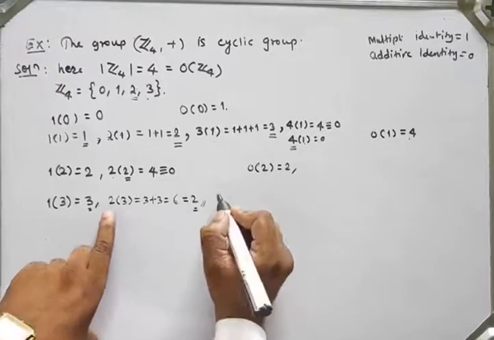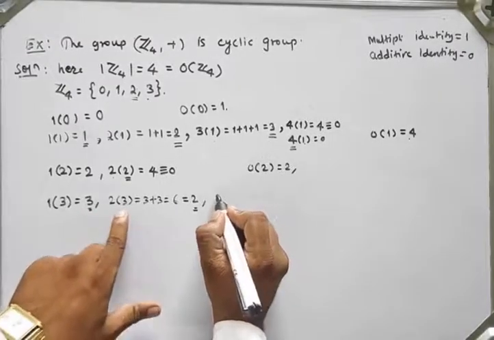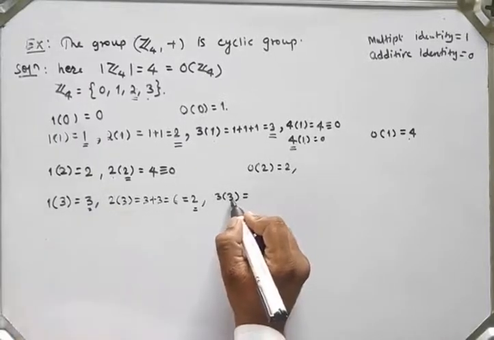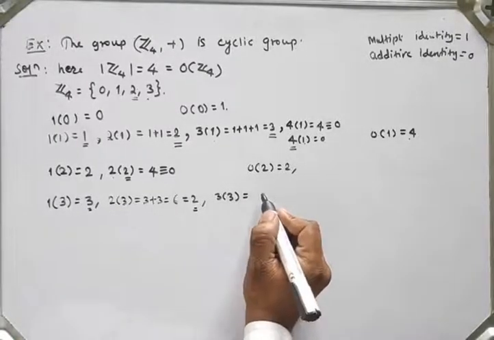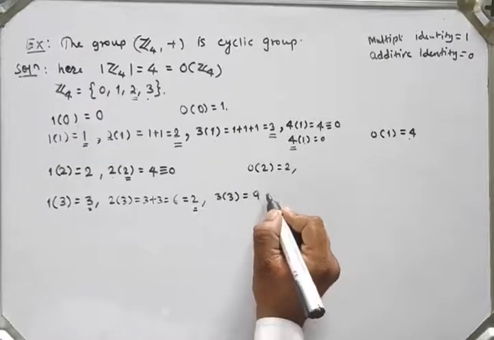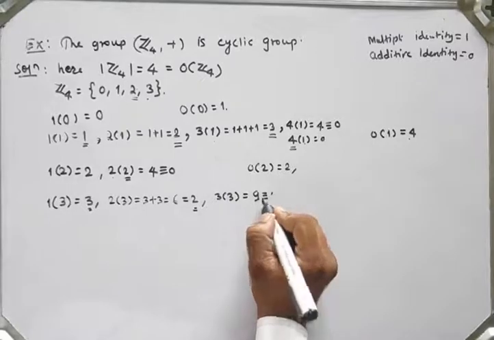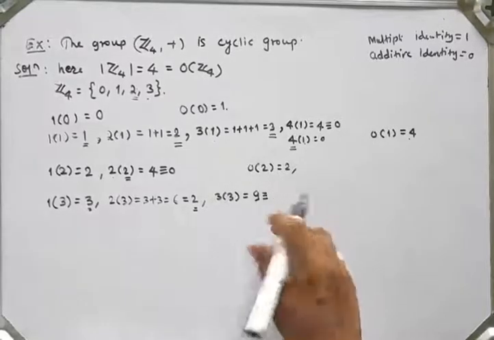Next, after 1 into 3 and 2 into 3, I will take 3 into 3, which means addition of 3, 3 times: 3 plus 3 plus 3, which is 9, and 9 modulo 4 is congruent to 1, right?